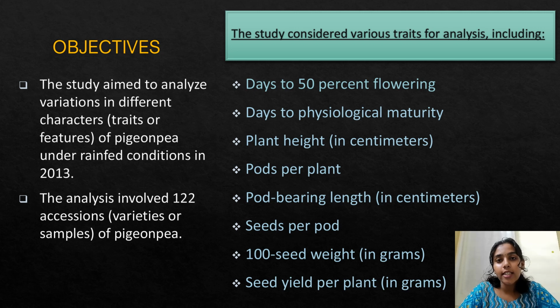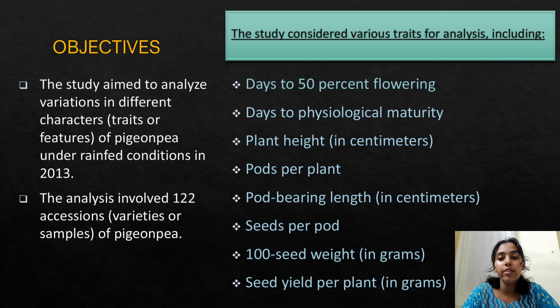The study considered various traits for analysis. The first one is days to 50% flowering, that is, how many days they require to flower 50%. Next is days to physiological maturity, how many days they require for physiological maturity.